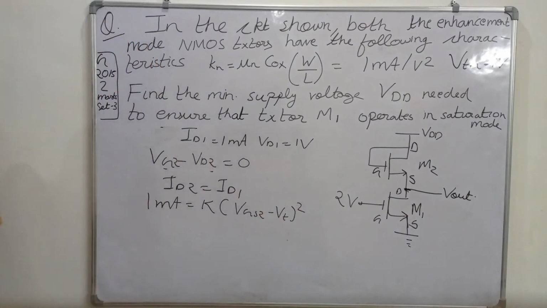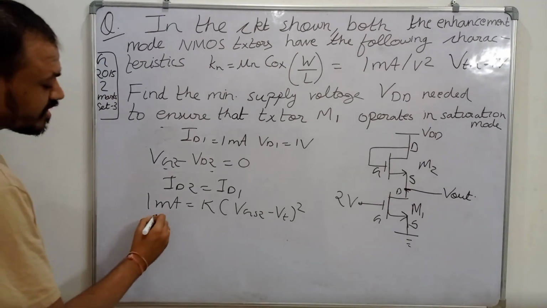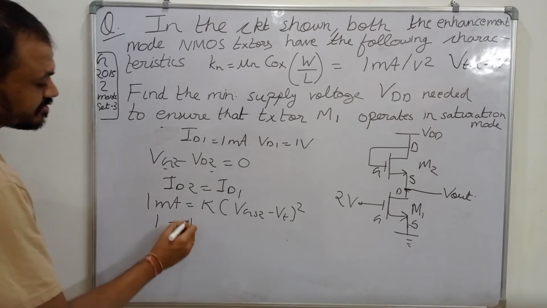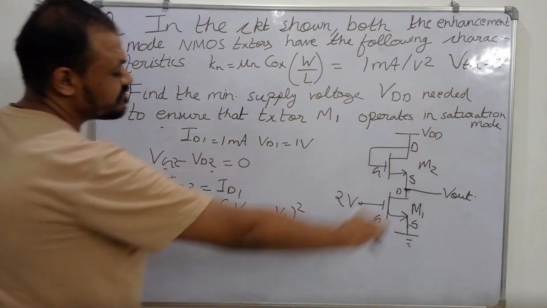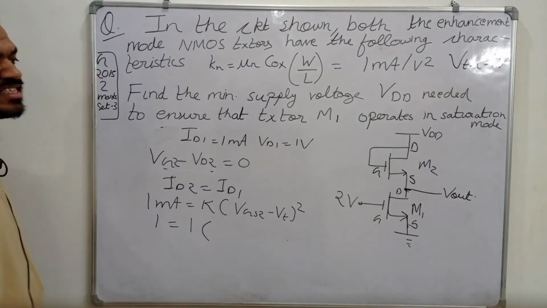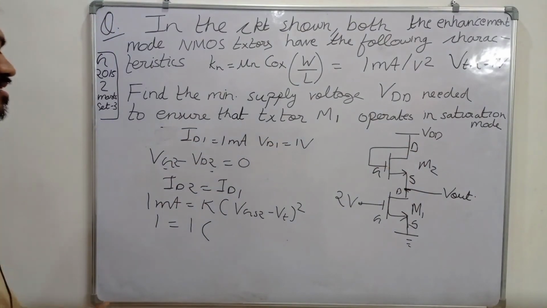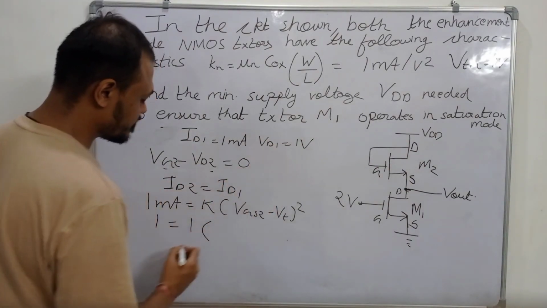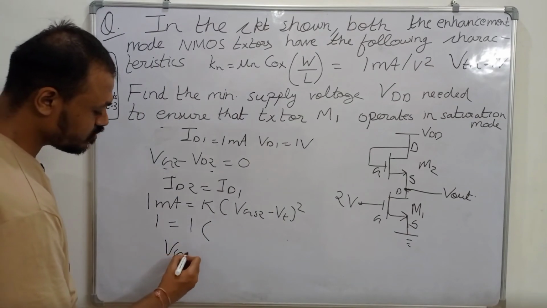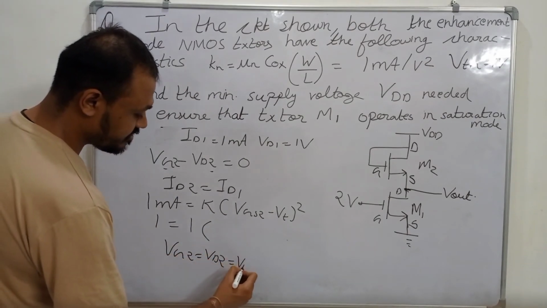VT is the same for both the transistors, it is 1 volt. K is again the same for both, so 1 milliampere equals 1 times VGS2 minus 1, squared. Now VG2 equal to VD2 equal to VDD.